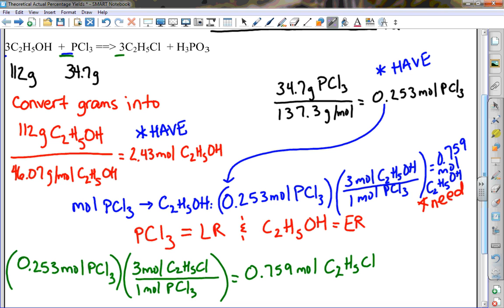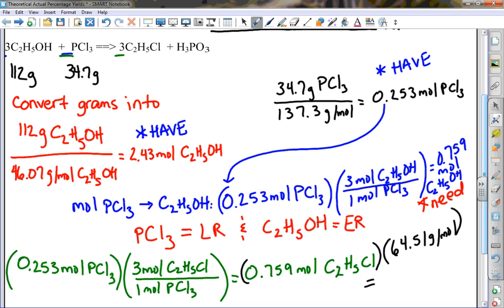But remember, we're trying to get to grams of that product. So we're going to take this amount in moles and multiply it by the molar mass, 64.51 grams per mole, the molar mass of C2H5Cl.